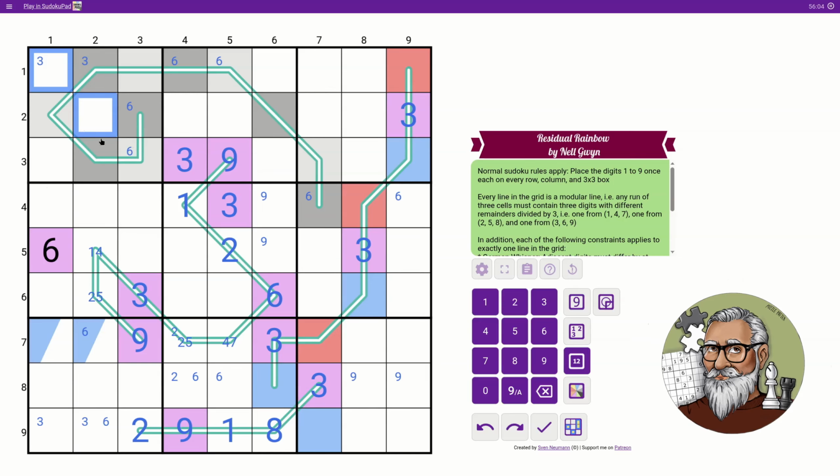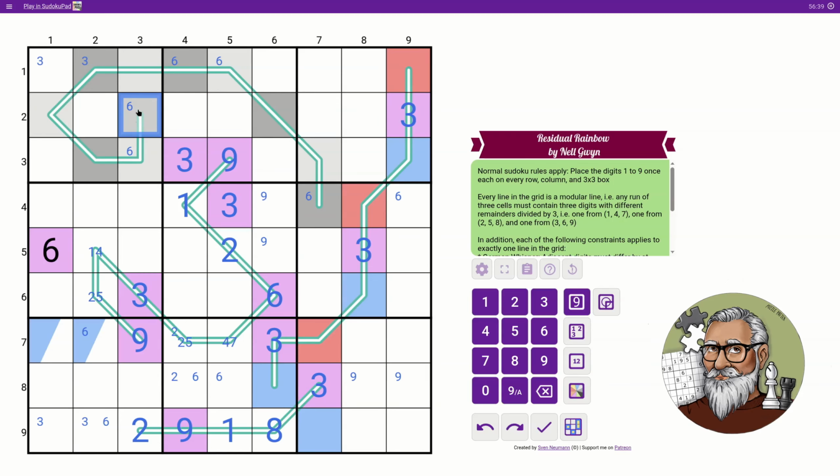Because I still need a 6 here, and this would have to be from 3, 9, or this one. Aha. That's interesting. So why? No, this could be 9. So this could be 9. So we'd have 6, 9. Yeah, of course. 6. No. That doesn't work anymore.